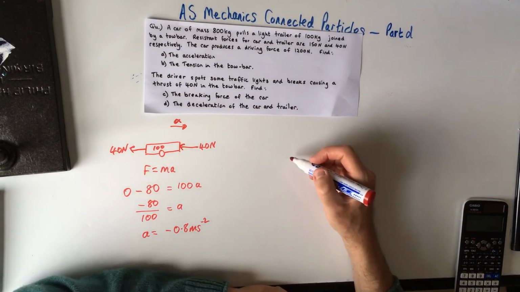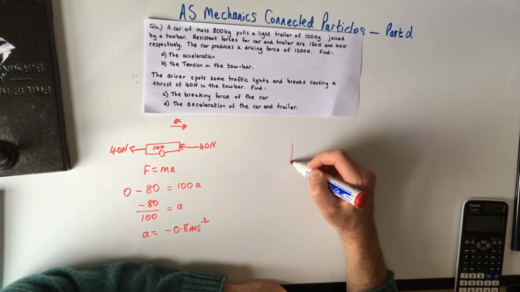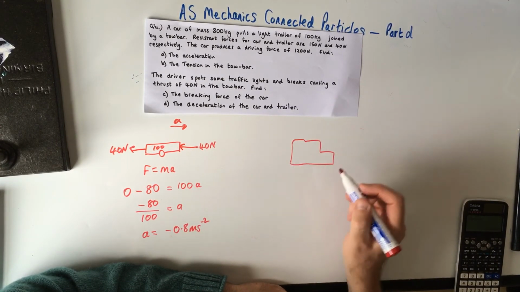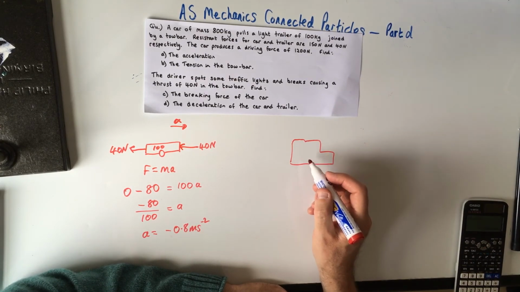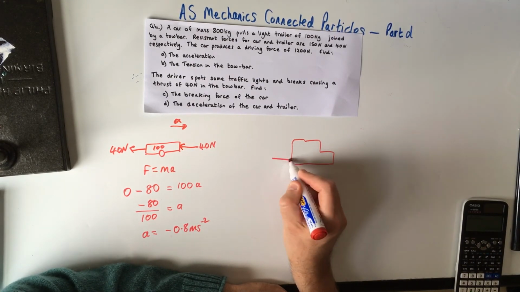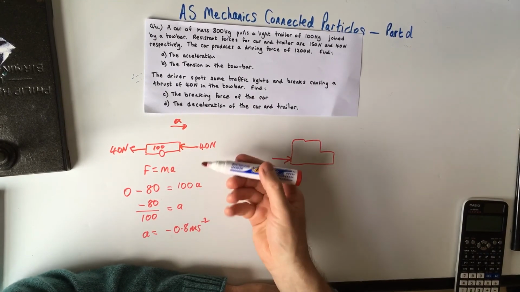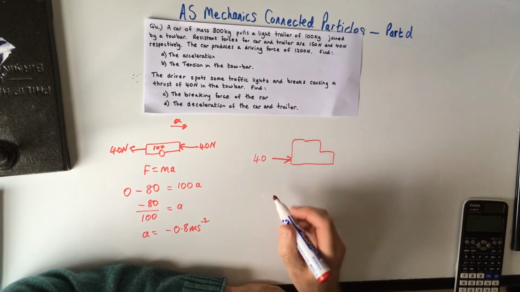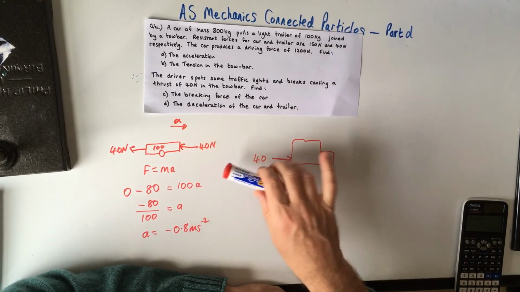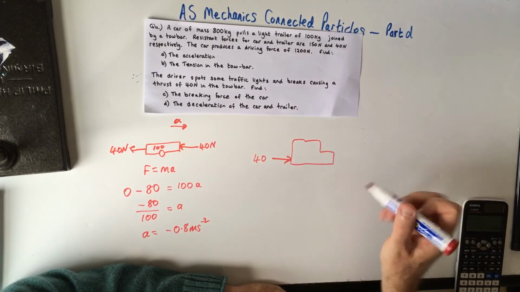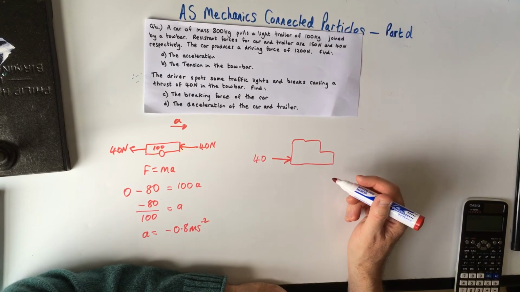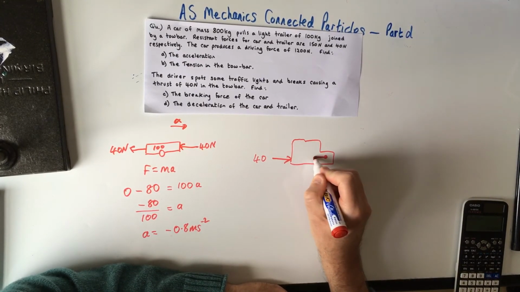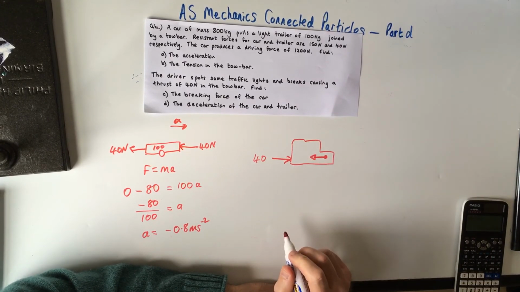And now when we look at the engine, there's the engine, the thrust that we're given is acting the other way around. So we've got 40 newtons now acting that way, and the braking force of the engine is now acting to slow it down.